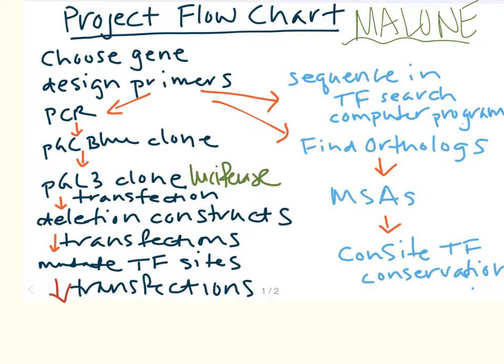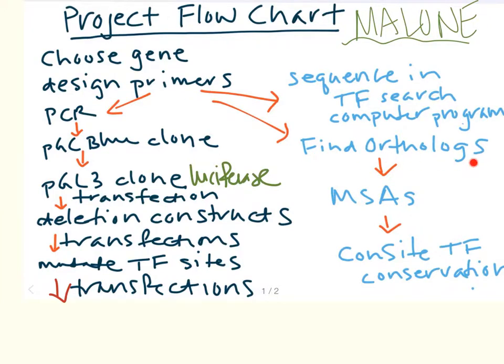We don't necessarily care about binding sites in regions that we find are not important, but we can start with the whole sequence, get our putative binding sites, and then narrow it down based on the data from our deletion constructs.